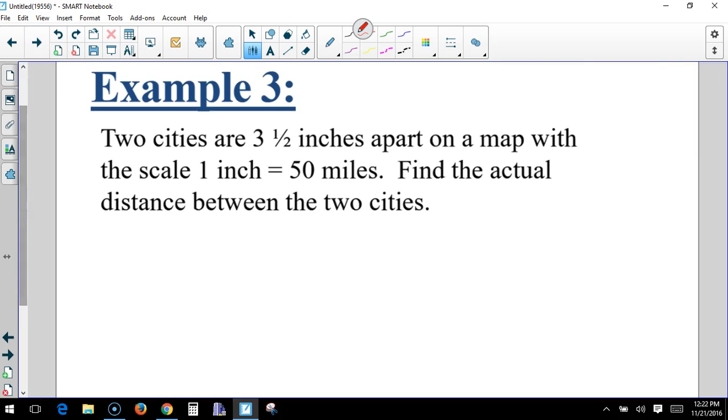Example 3. 2 cities are 3.5 inches apart on a map with a scale of 1 inch equals 50 miles. Find the actual distance between the 2 cities. So here you kind of get to decide what you want to do. I'm going to put inches and miles like this. So I always look for my equality statement first and set that up because that's my guide. And then I look at what I have.